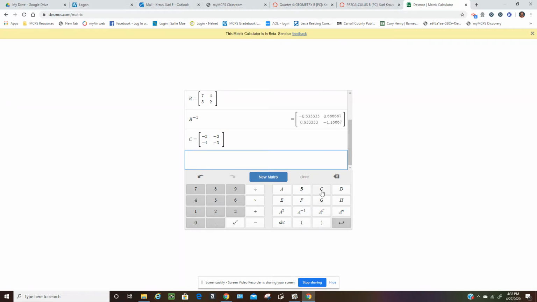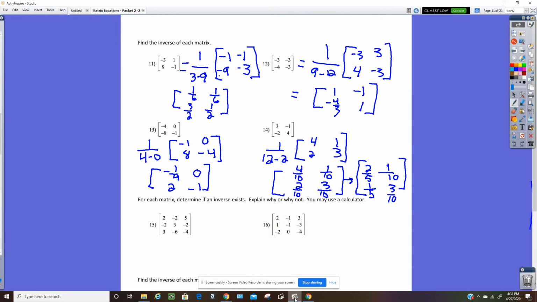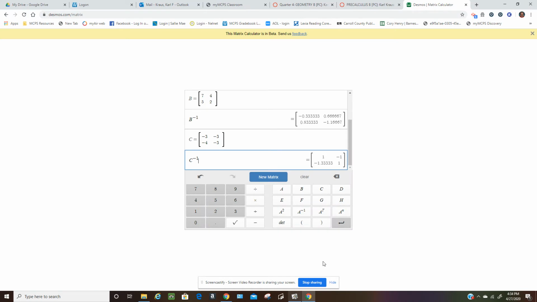And then matrix C, do the inverse, you get 1, negative 1, negative 4/3 and 1. So let me check my answer here. 1, negative 1, negative 4/3 and 1. So it matches with the calculator.